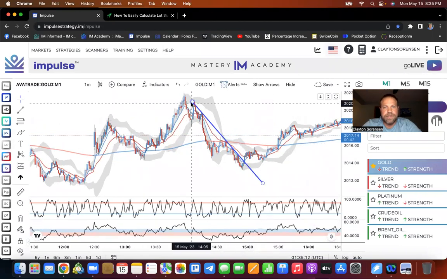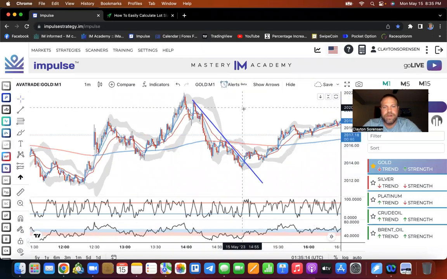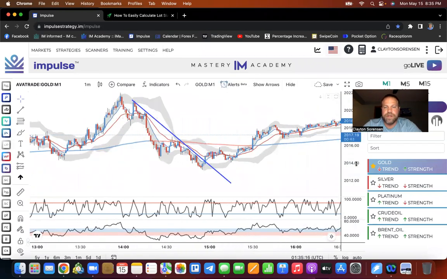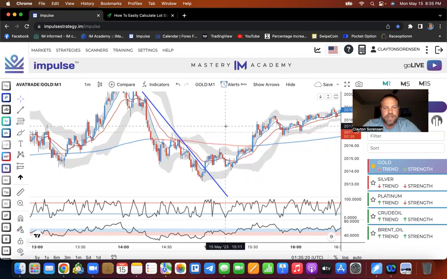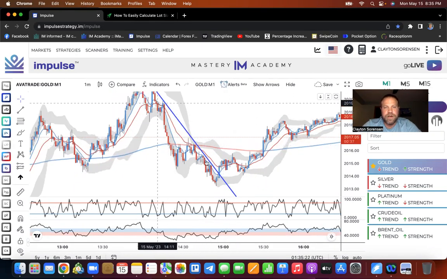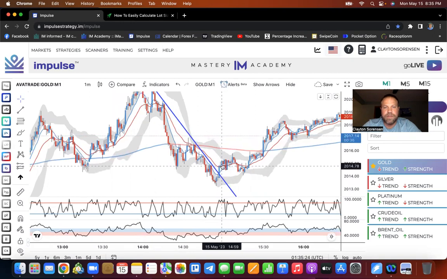So, which is nice. Say we're looking for a nice little reversal and it meets all of our criteria, our steps and everything. We're all good here. We had this nice pullback come across and we're looking for an entry.